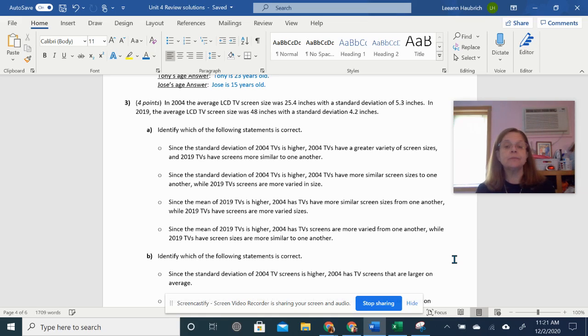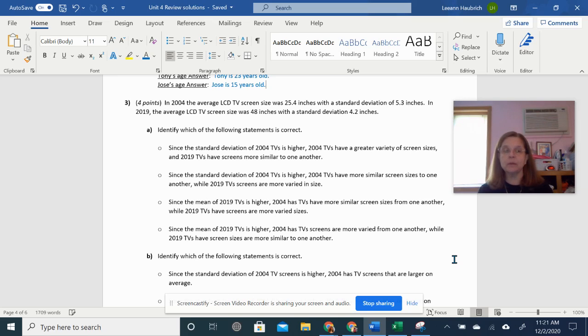In 2004, the average LCD TV screen size was 25.4 inches with a standard deviation of 5.3 inches. In 2019, the average LCD TV screen size was 48 inches with a standard deviation of 4.2.